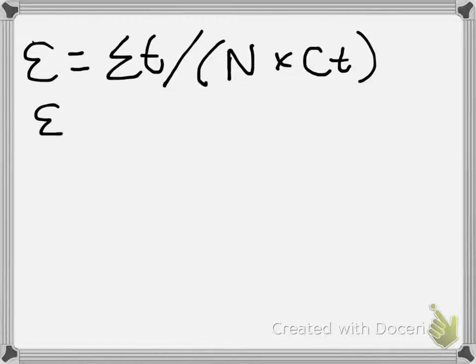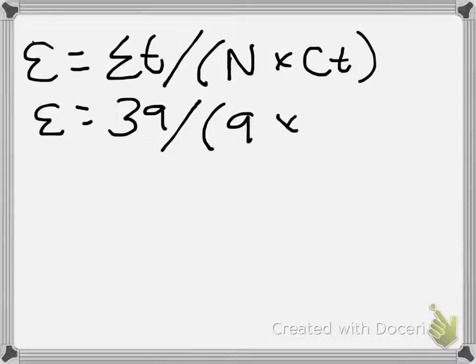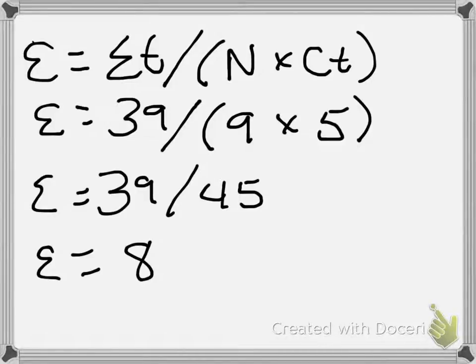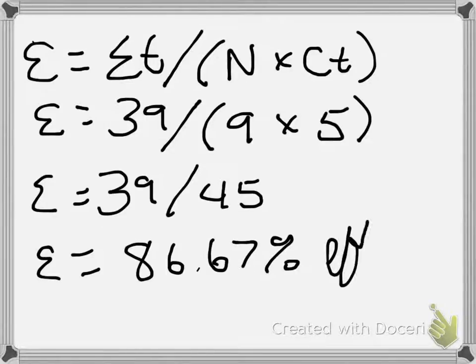So efficiency equals 39 divided by 9 workstations times a 5-minute cycle time, which is 39 divided by 45, and we end up with 86.67% efficiency.